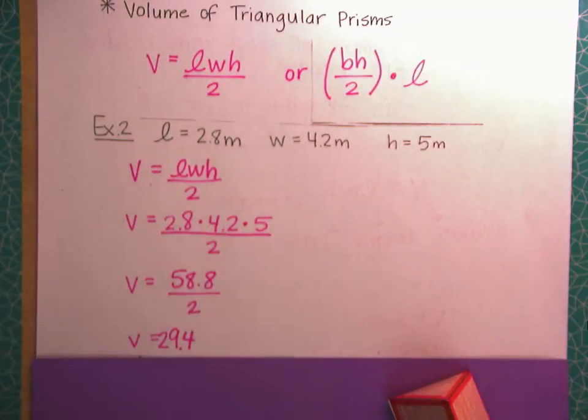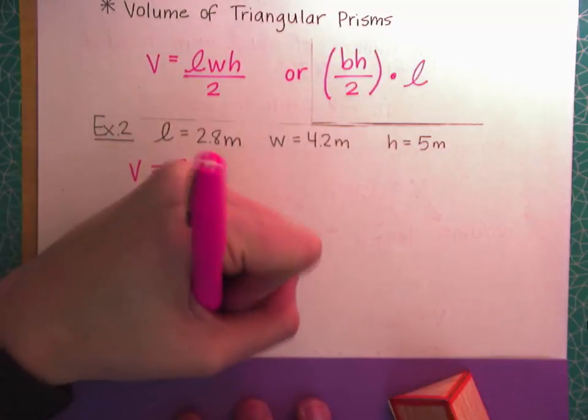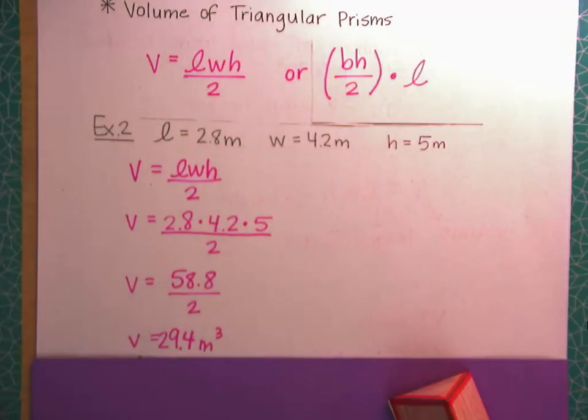What would my final answer be? 29.4 cubic meters or meters cubed. When we're talking about volume, we're always going to write our units cubed. Okay?